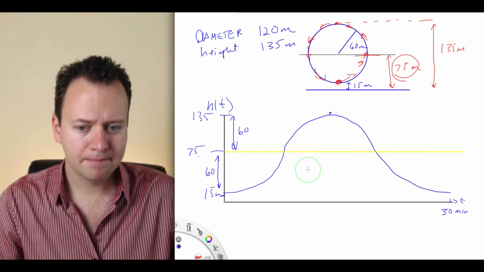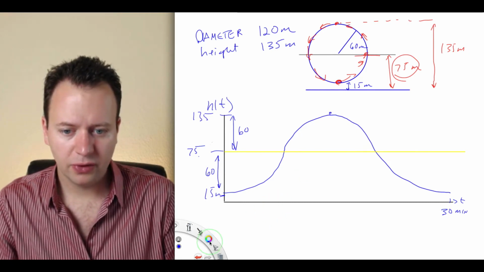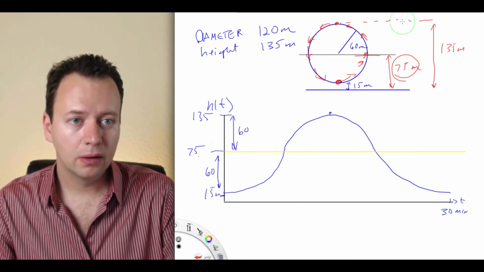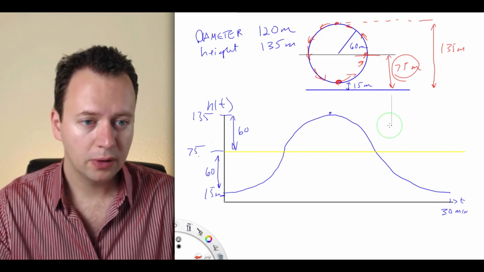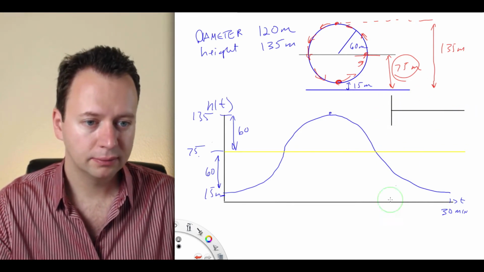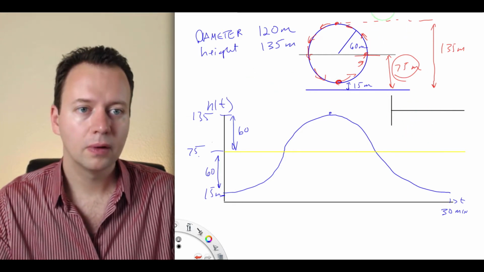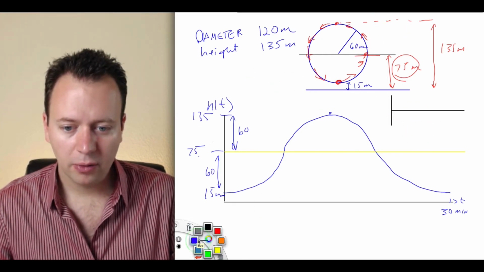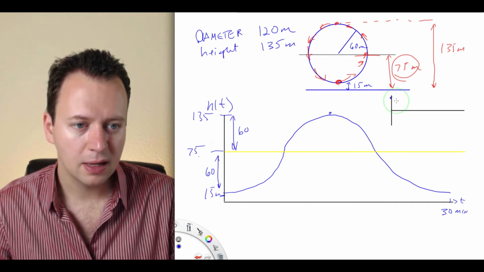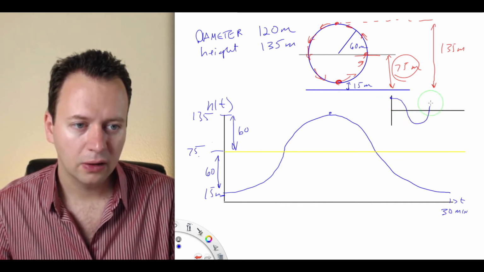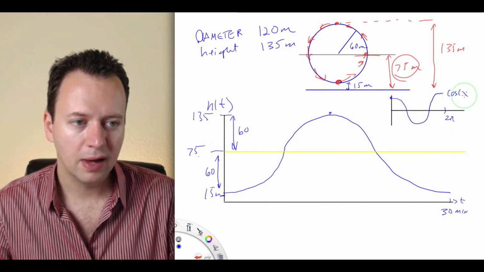Let's review cosine and sine. Remember, cosine starts at the peak, comes down, and then goes like that over a period of 2 pi. So that's cosine of x.